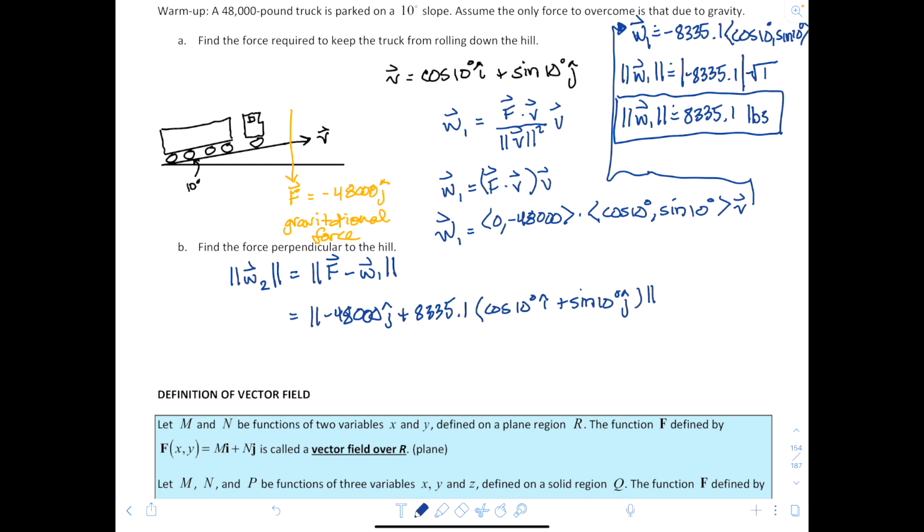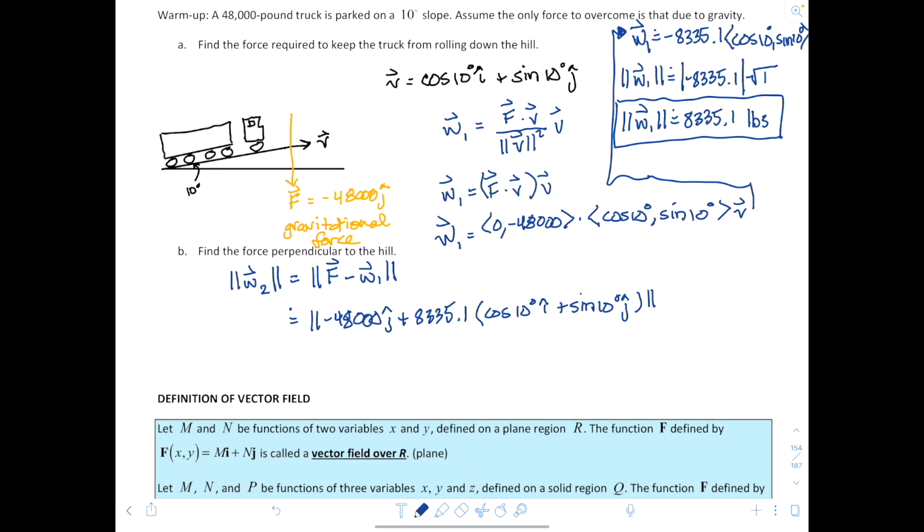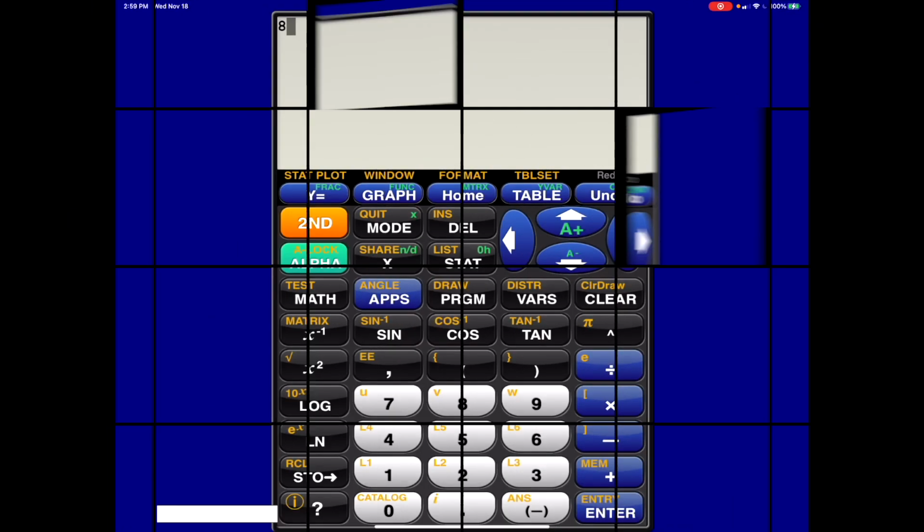But what happens again is that we'll end up with, well, let's see what we get for a vector. Here we would end up with, and this is approximate since we had rounded the 8335.1, the magnitude of... So let's see, 8335.1 times cosine 10.